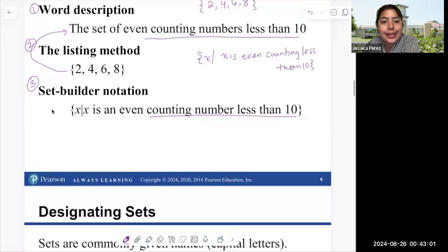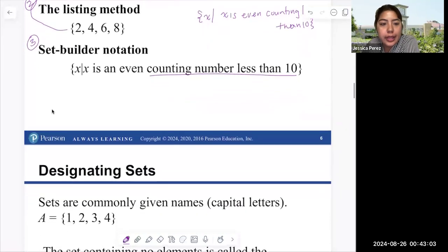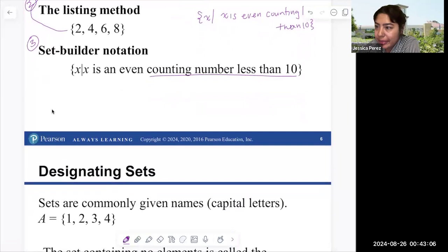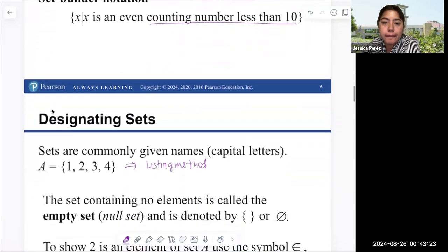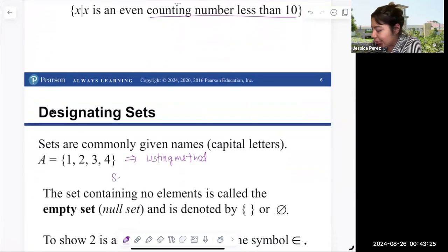Again, designating sets. Now here, see how this is a listing method? This example A is written in the listing method. Sets are commonly given capital letters. So the set A is equal to {1, 2, 3, 4}.